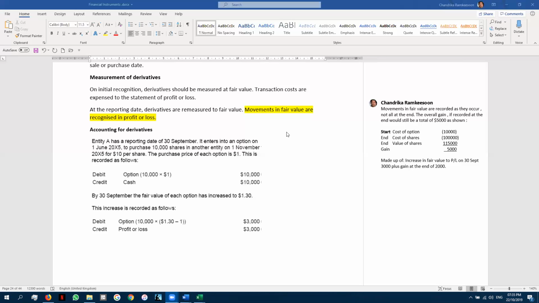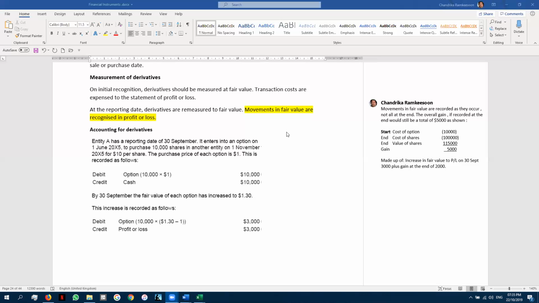So the initial transaction, which you would not have dealt with if you had been doing advanced financial management, where you are not too concerned with the accounting, would have been to debit the option $10,000, credit cash $10,000, cash is paid.